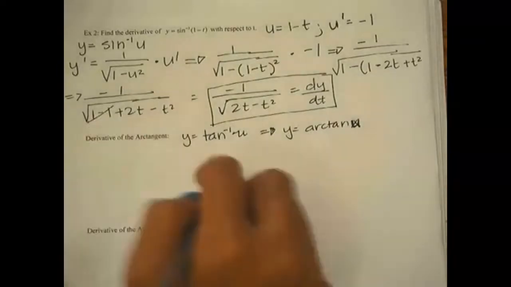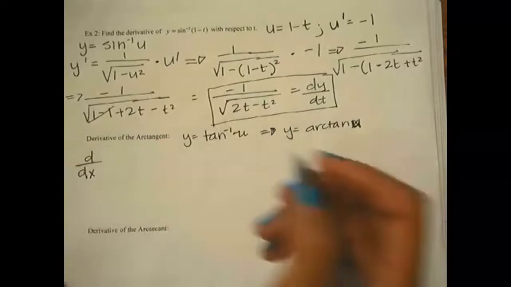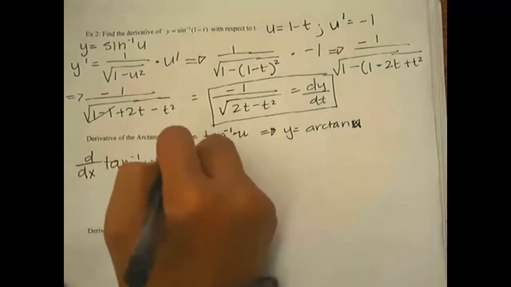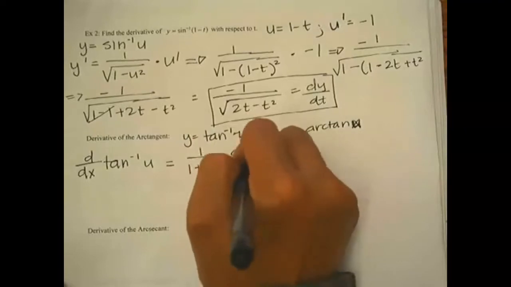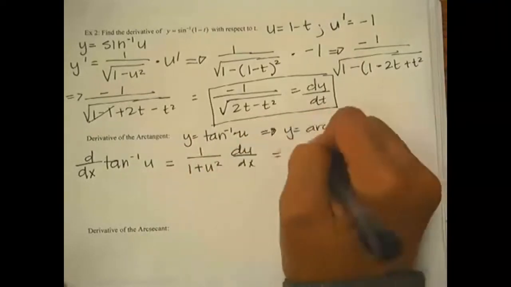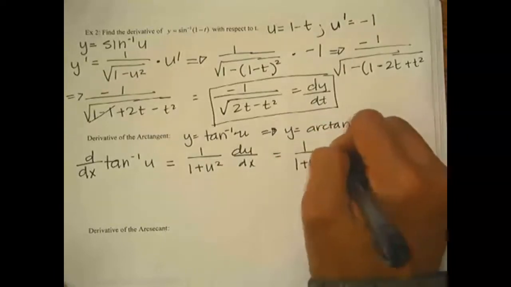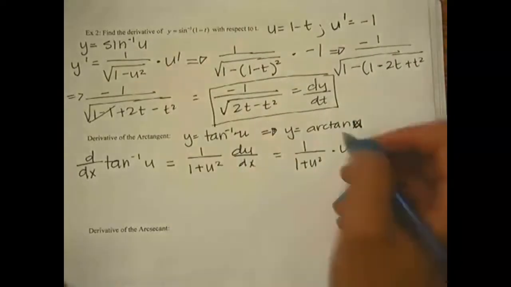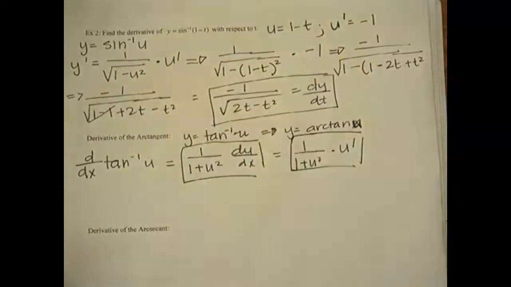Okay, so with that, the derivative with respect to x of tangent inverse of u is 1 over 1 plus u squared times du dx, which is the same as 1 over 1 plus u squared times u prime if you don't feel like using du over dx.